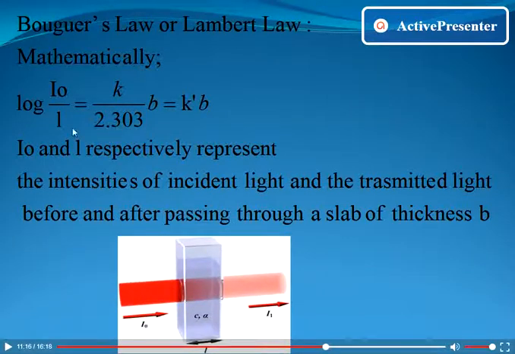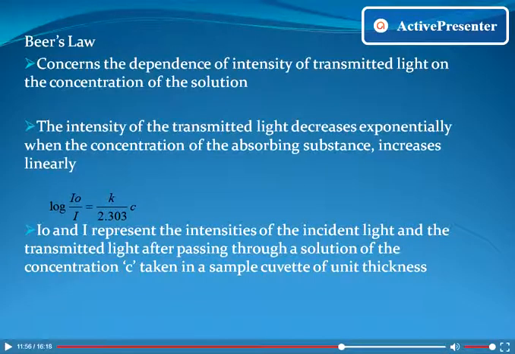Normally the cuvette is 1 centimeter. Now you see, the intensity has decreased after passing through the sample. Now let's look at Beer's law.